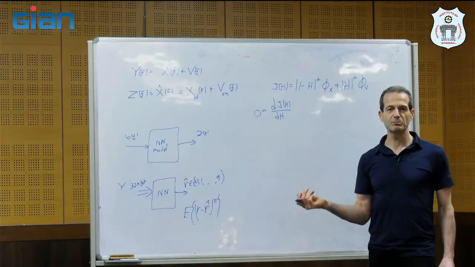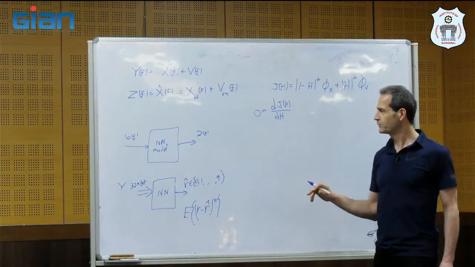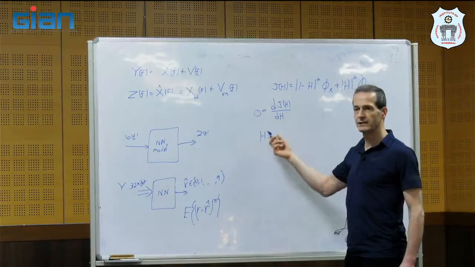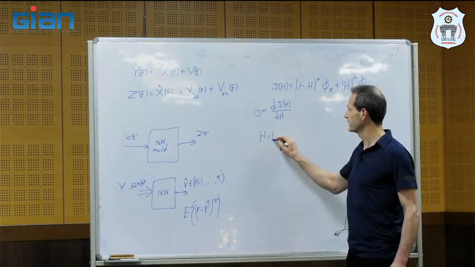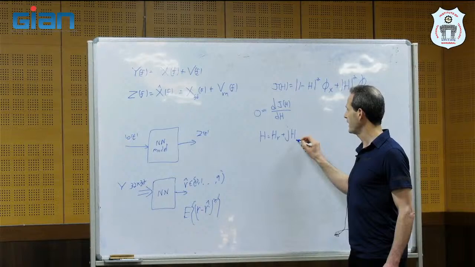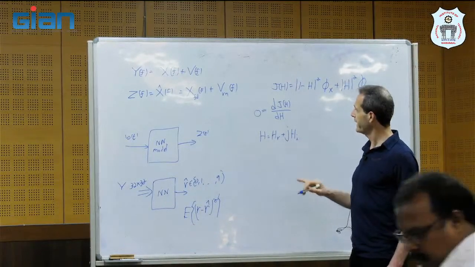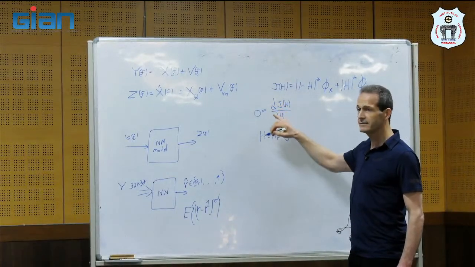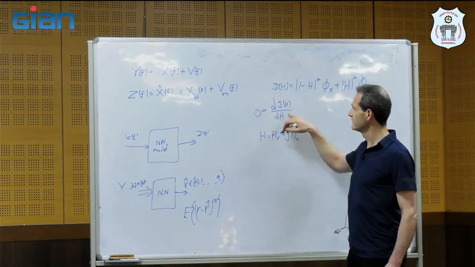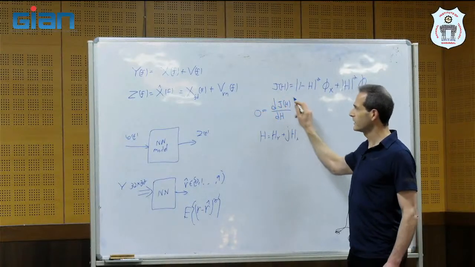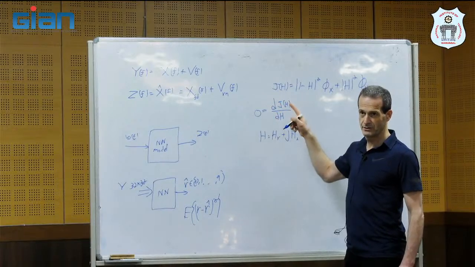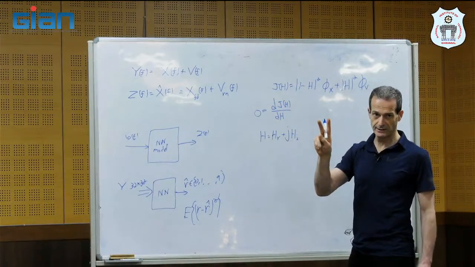Okay. So there are two options. One is the difficult option, one is the easier. So first, I can define h as the real and the imaginary parts, hr plus j hi. Do you agree that this is a single equation, but with complex numbers, so it's like two equations?